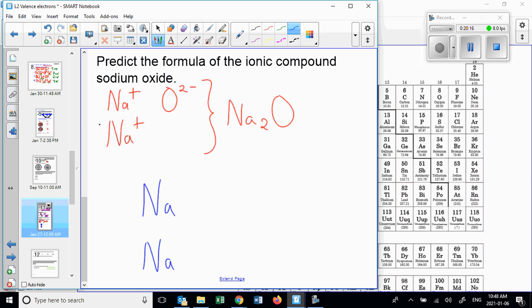I'm doing this on purpose. A single electron for this Na, a single electron for this one. Then the oxygen.